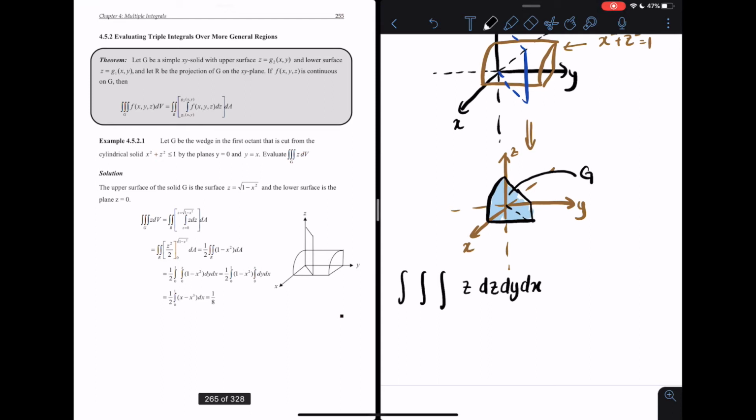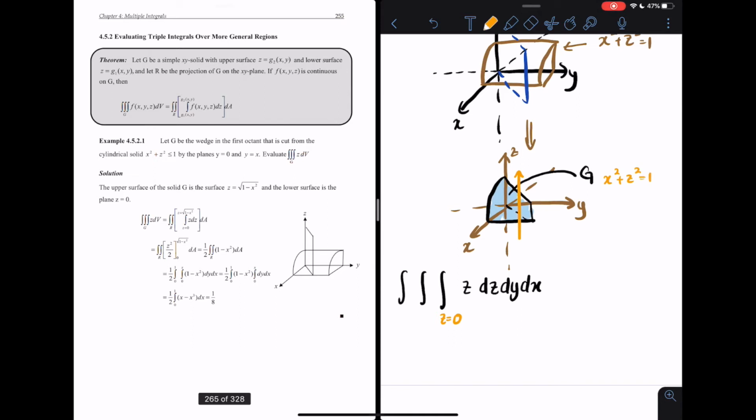In this case, based on this solid G, I have to sketch an arrow along the z direction, parallel to the z axis. Since it is bounded by the first octant, z should always start at z equals 0, and then it will touch the solid, represented by the equation x squared plus z squared equals 1.